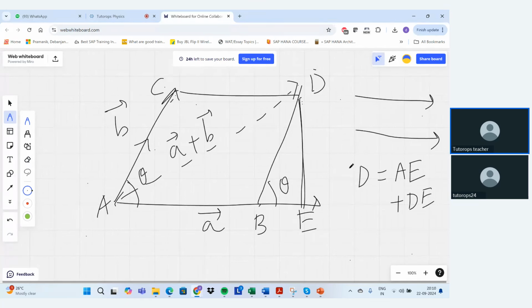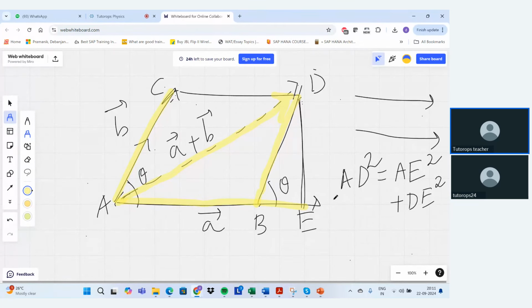So here, sorry, AD square is equal to AE square plus DE square, normal. Just see. This is simple mathematics, nothing to do with physics. Okay, so AD square is equal to AE square plus DE square.